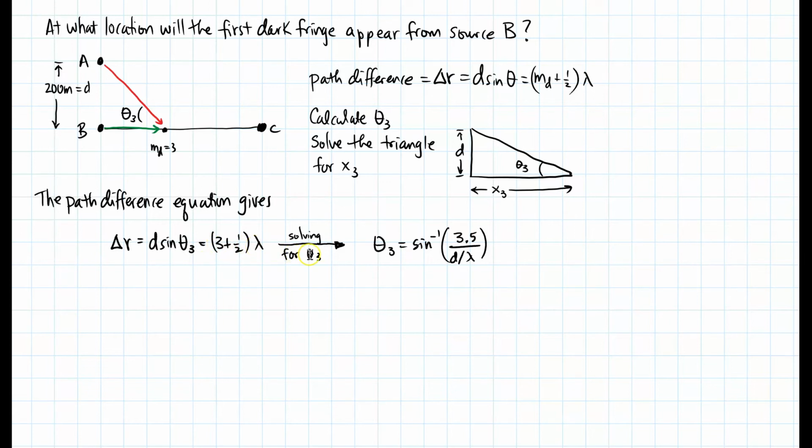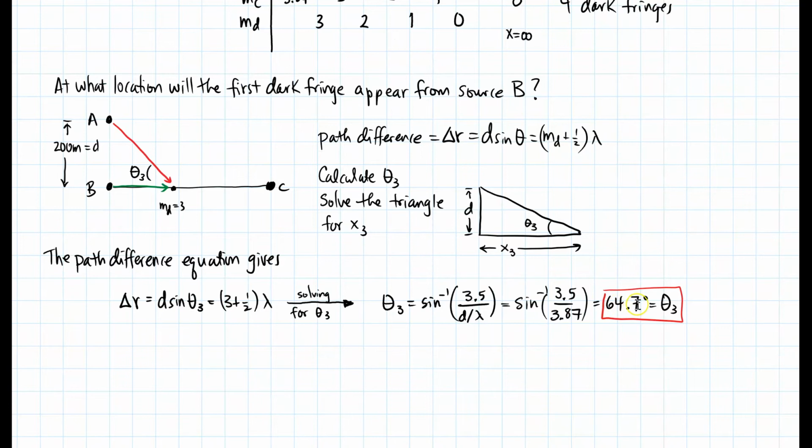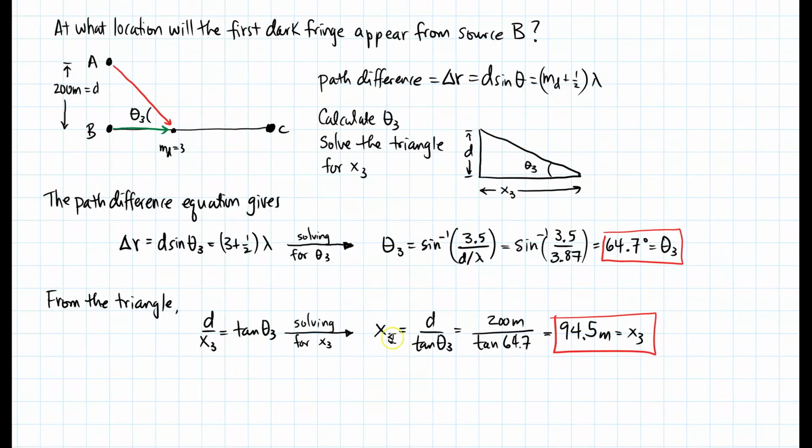Solving for theta 3, I get the sine inverse of 3.5 divided by the diffraction parameter, at an angle of 64.7 degrees. From the triangle, I get that d divided by x3 equals the tan of theta 3. So x3 is equal to d divided by tan theta 3, which then gives me a value of 94.5 meters.